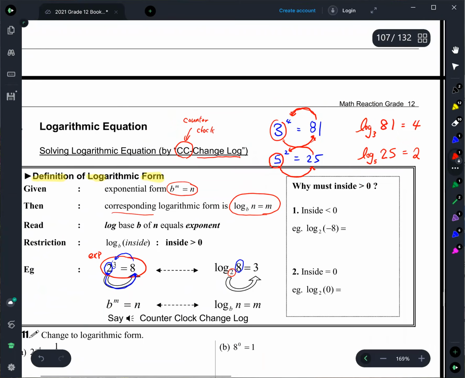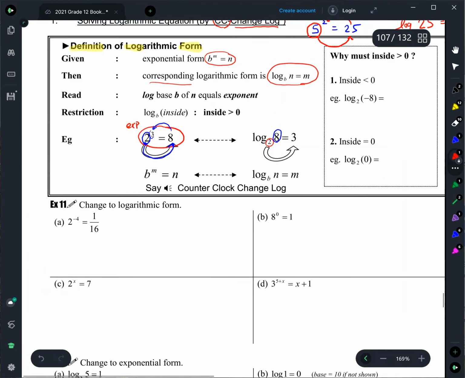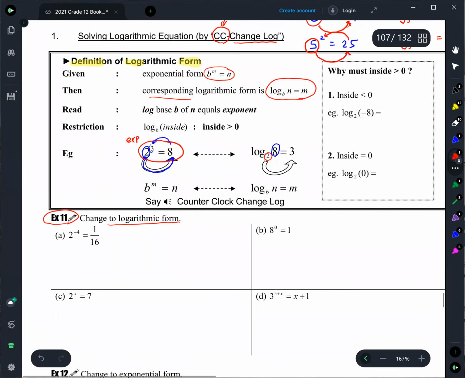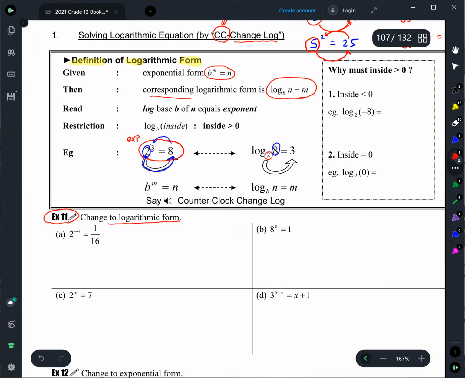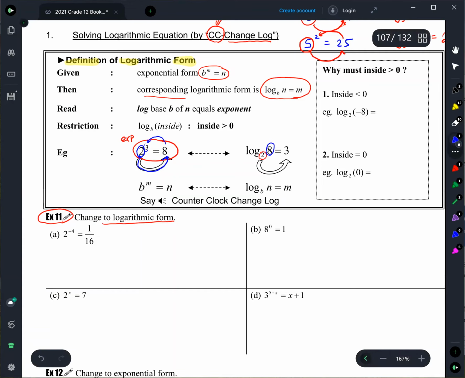Okay, so I'll let you guys try that. Change from exponential form to log form. Exercise 11, change to log form. Follow the order that I just showed you. It just takes time to get used to the form. Once you write it several times, then it'll be very natural, just like the way you write exponents.